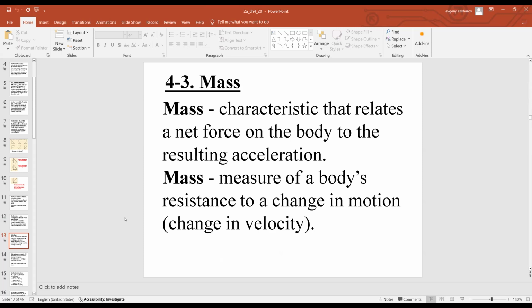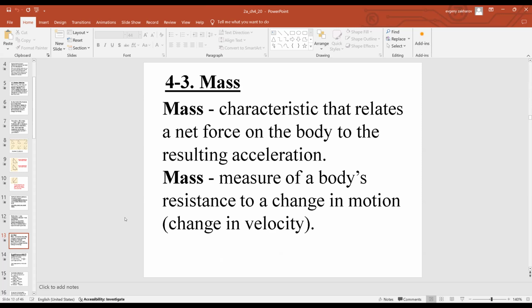Okay, so for mass, think about a parameter that is just a coefficient between the net force and the acceleration that this force creates. So the more mass you have, the more force is needed to gain a certain acceleration. You can think about some kind of a resistance to a change in motion, if you will.